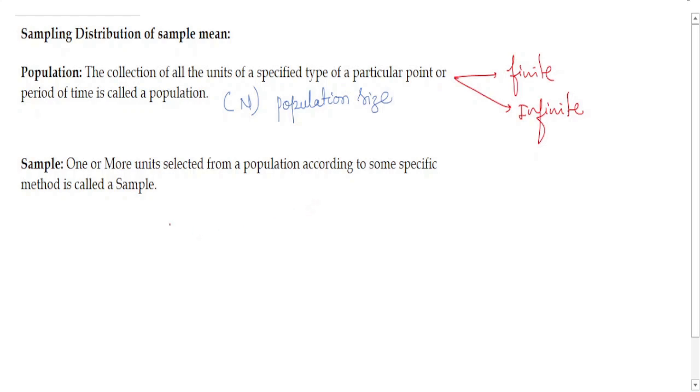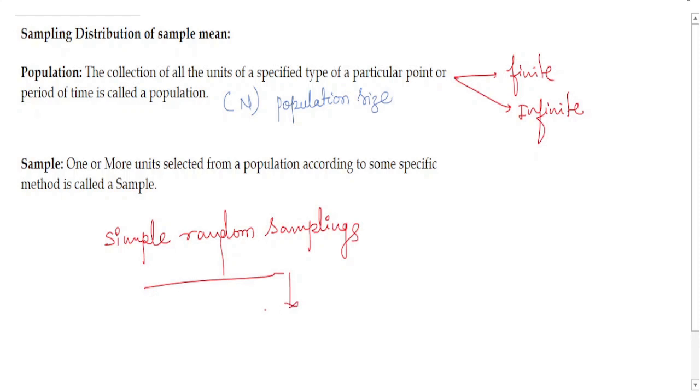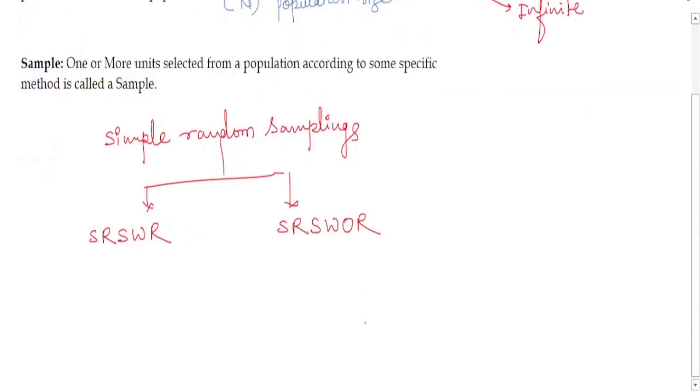There are two types of sampling. Basically, we are going to discuss simple random sampling here. There are two types of simple random sampling: one is simple random sampling with replacement, another is simple random sampling without replacement.